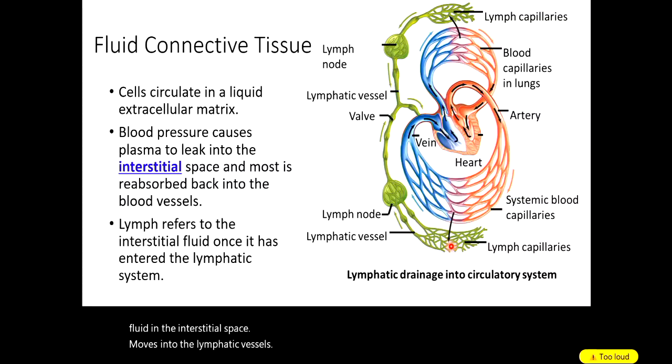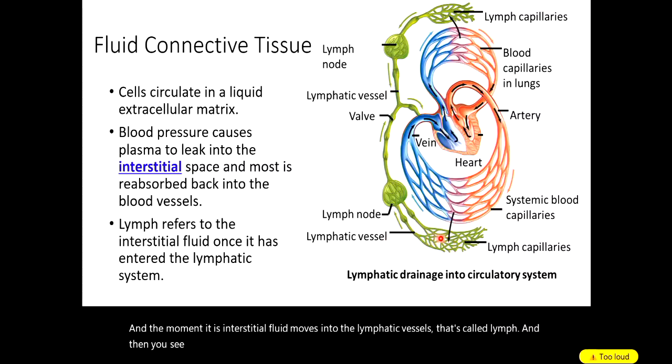And the moment this interstitial fluid moves into the lymphatic vessels, that's called lymph. Then this lymph is going to flow through the various lymphatic vessels, and eventually it'll be sent back into the bloodstream. So that's how lymph is going to be produced.